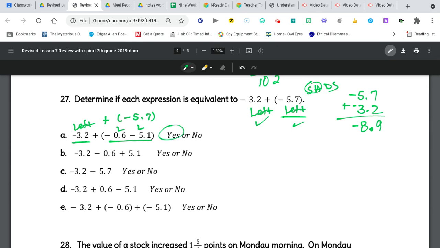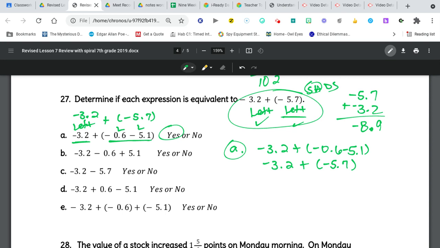That's the left 3 and 2/10, plus that's left -5 and 7/10. And I'm going to write that a little better over here, okay? I don't want to confuse anybody. If I simplify what's in the parentheses, A matches my statement here, so I'm good. Put a yes.